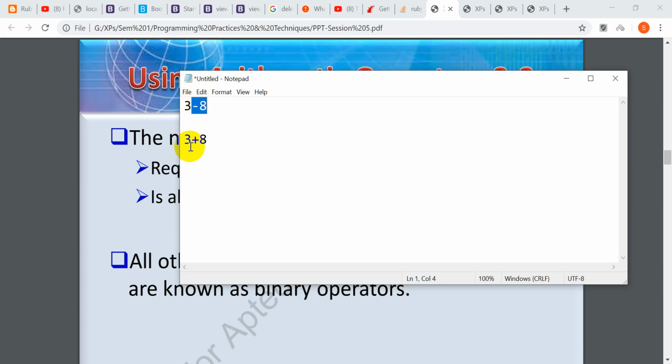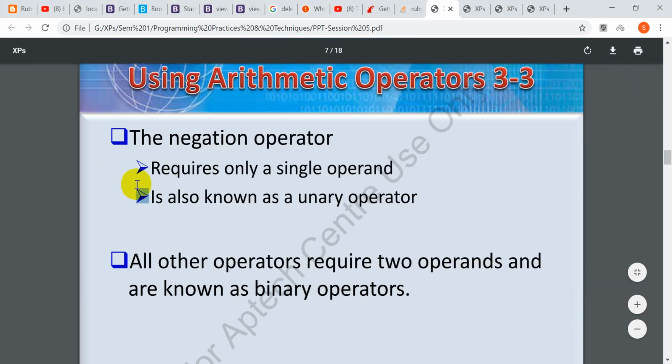You understand? So all these numbers that come with plus or minus are called operands, while the symbol is the operator, right? The number used in the manipulation is the operand. It is also known as a unary operator.